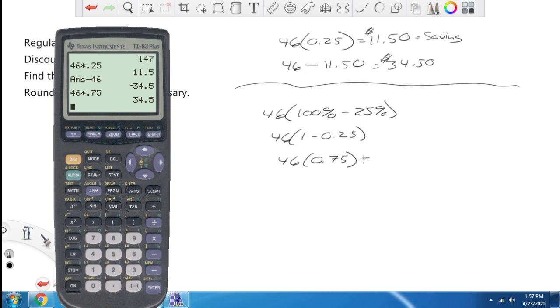This is how much you're paying. You get your $34.50. And then if you want your savings for it, even though it doesn't ask you for it, you would take your 46 minus your $34.50, and your savings would be that $11.50. So this is your payment, and this is your savings. This is the answer it's looking for, though.